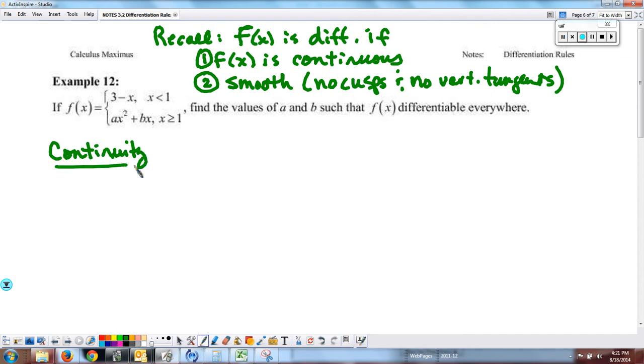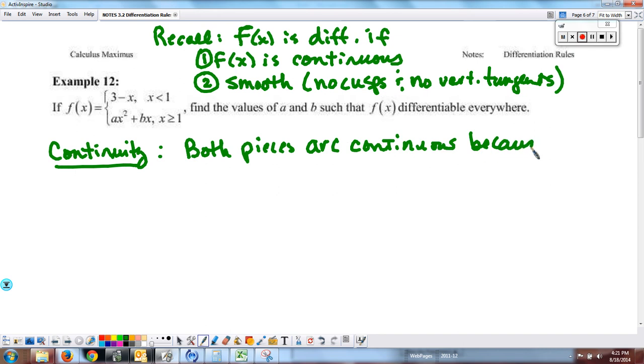Alright, so first thing is your two pieces, since we have piecewise, both pieces are continuous, and we love the nice easy one because they're both polynomials. 3 minus x and ax squared plus bx are polynomials.